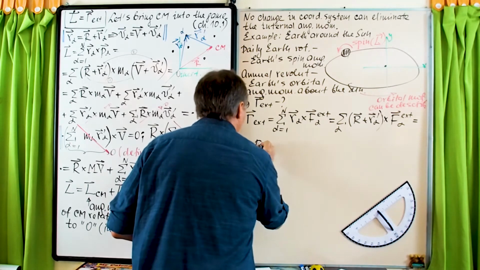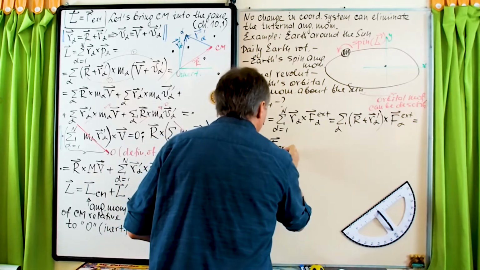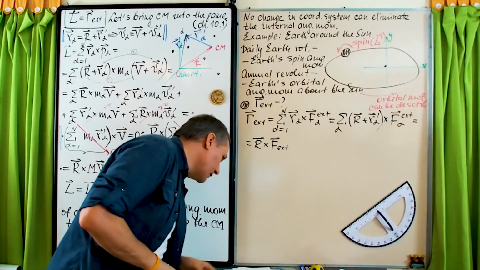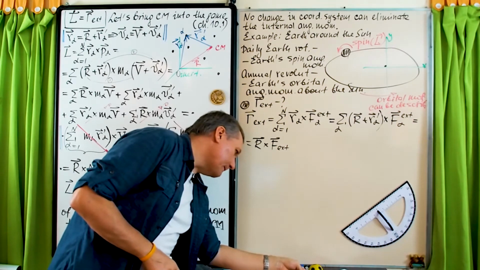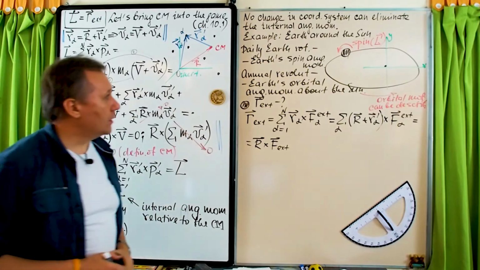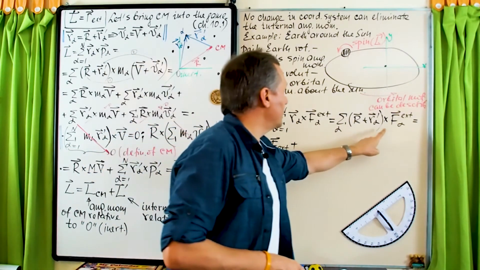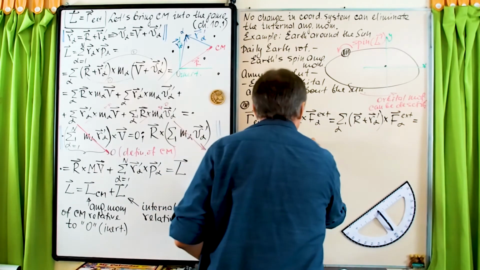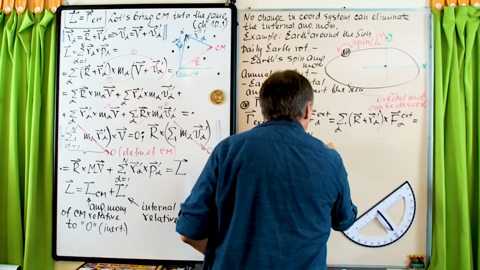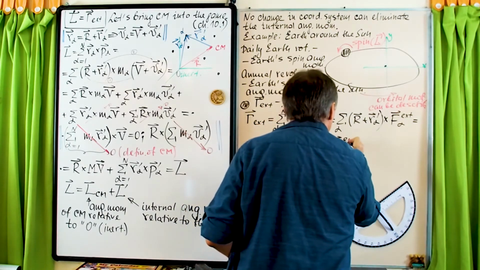So we'll get R crossed with F external, that is just the net external force. And the second one, with the second nothing can be done. This depends on alpha and that depends on alpha, so it will be just the summation over the whole system of R alpha prime crossed with F alpha external.